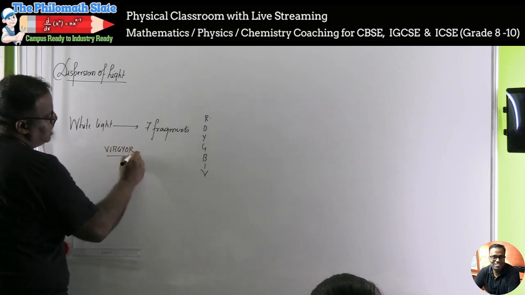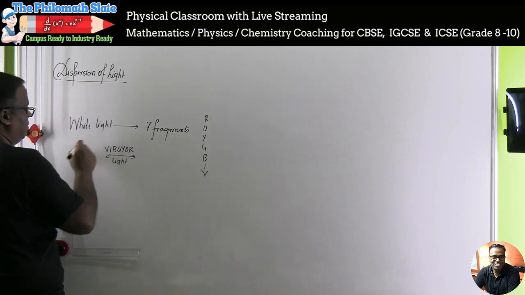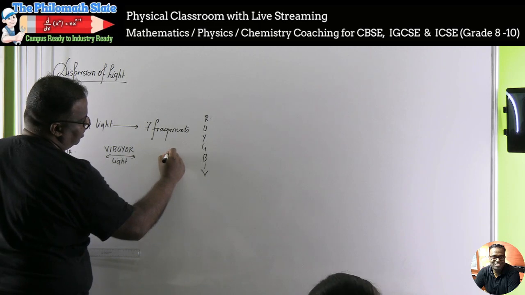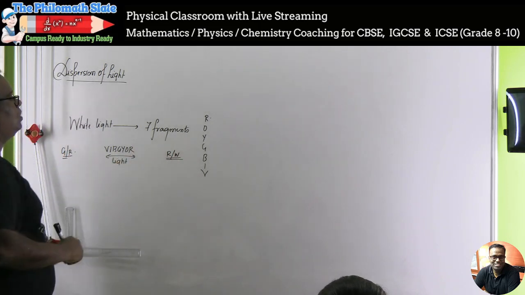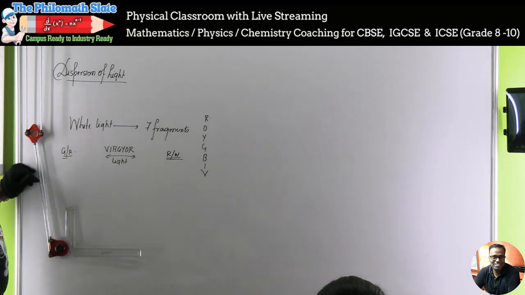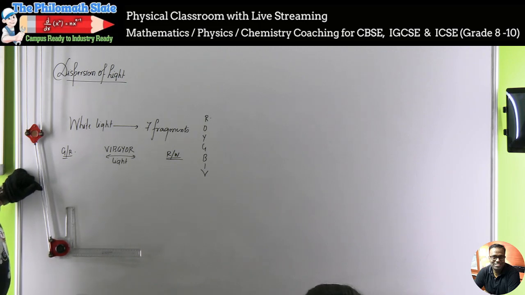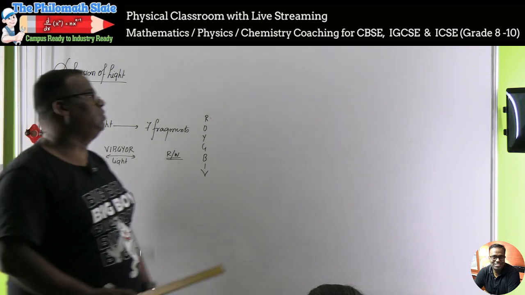This is what you see as light, and on this side we will have gamma rays, and on this side you will have radio waves. So Newton was the first person who actually spoke about dispersion of light. What is dispersion of light? Breaking of white light into its 7 fragments when it is allowed to pass through a medium like a prism is called dispersion.